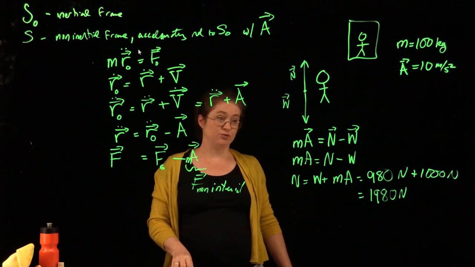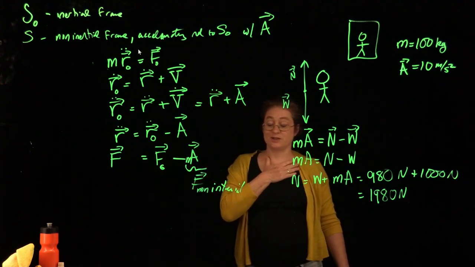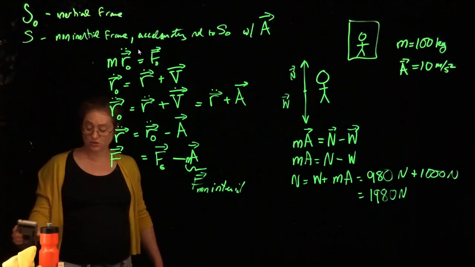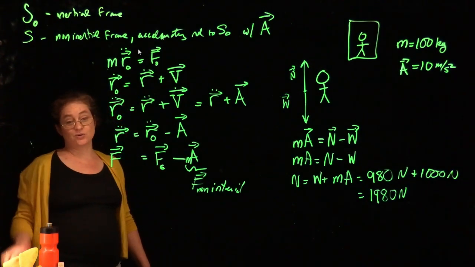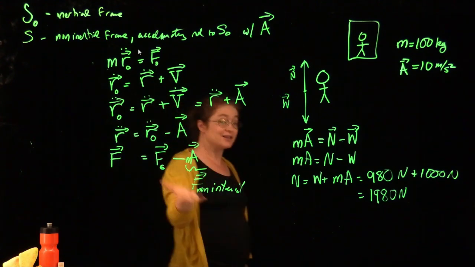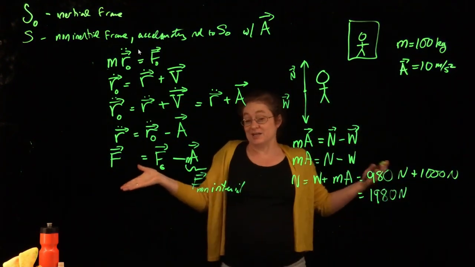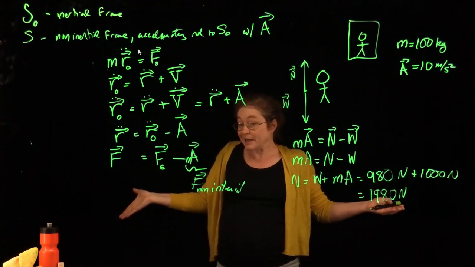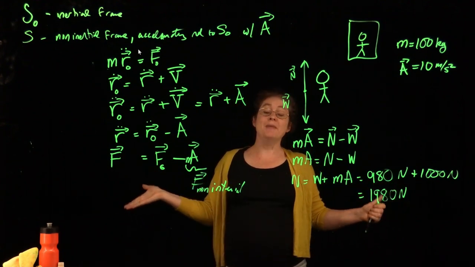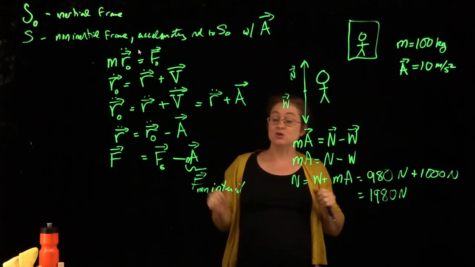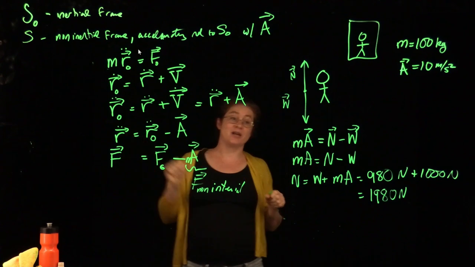So one of the questions that I like to write on an exam, hint, hint for my students, is ask you if you're riding on an elevator and it's accelerating with a certain acceleration, and you're standing on a scale, what does the scale read? Now, you can do this without using different reference frames. You should sanity check your result.